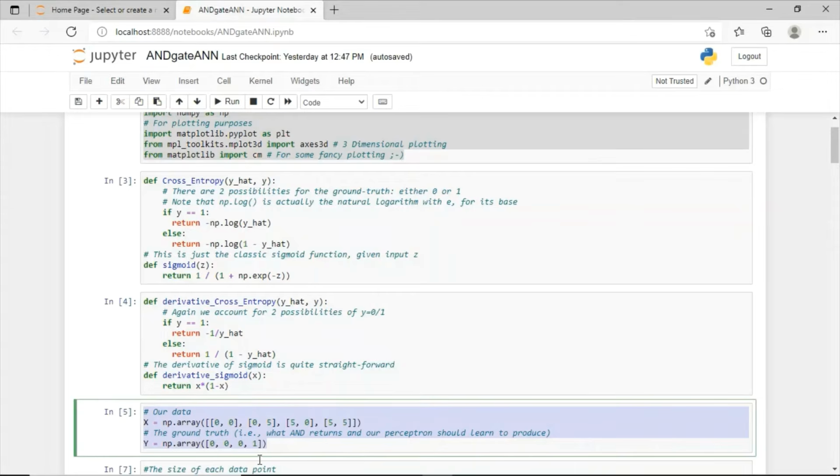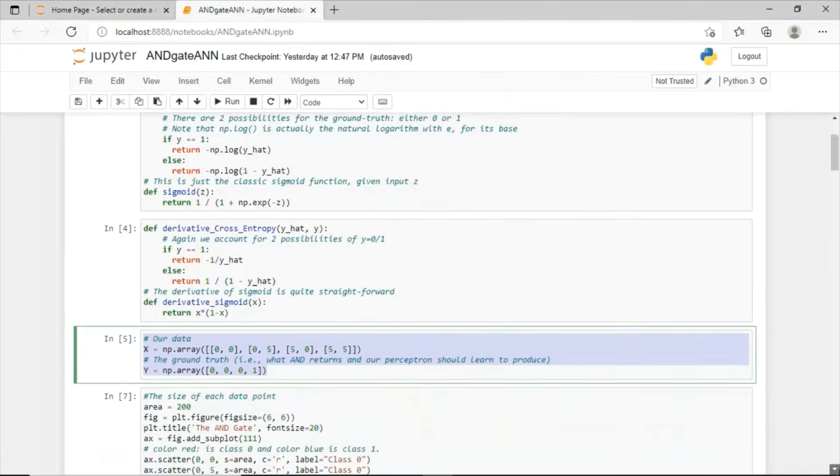This is how I am building the dataset, and we know that we have to separate the input and the output. So here x and y, these two variables, are used for holding the input as well as the output values for the AND gate. Now after building the data set, I'm not explaining it because we know that the AND gate will return 1 if and only if all of its inputs are positive.